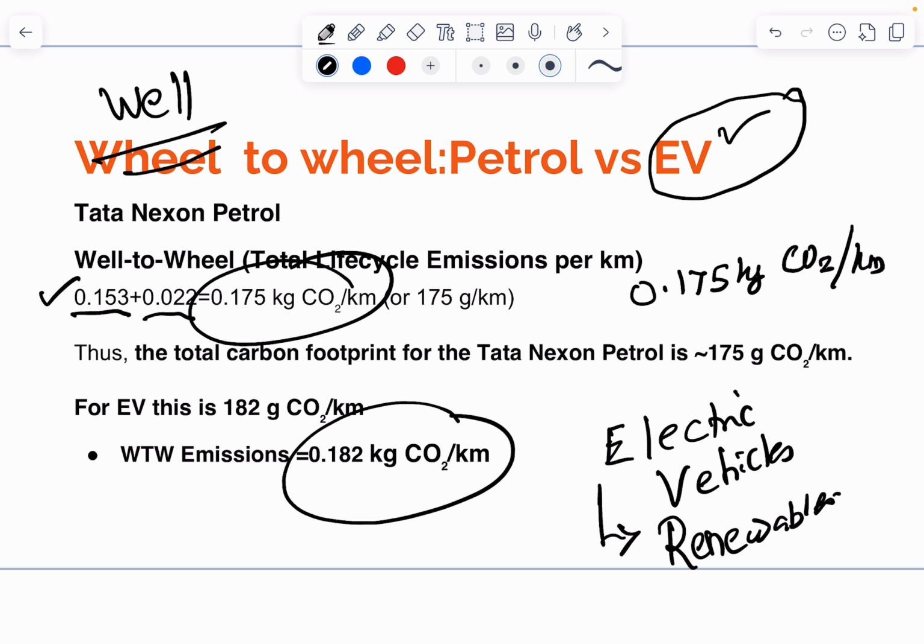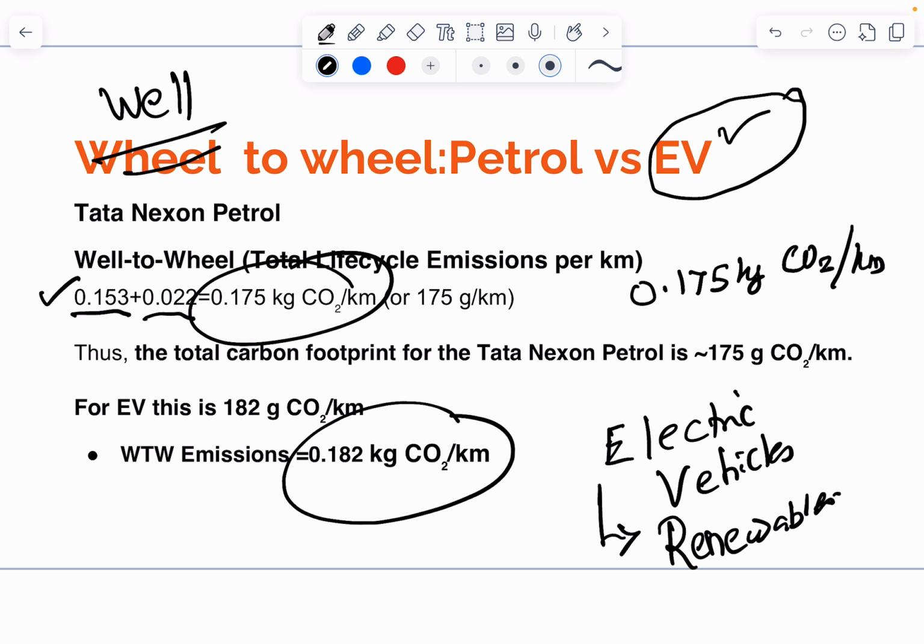Or you might say that supposing India adopts 10% nuclear along with 50% renewable, so it comes to 60%. What now would be the well to wheel analysis? Everything would depend upon the scenario building, and that we actually do in what is known as sensitivity analysis.